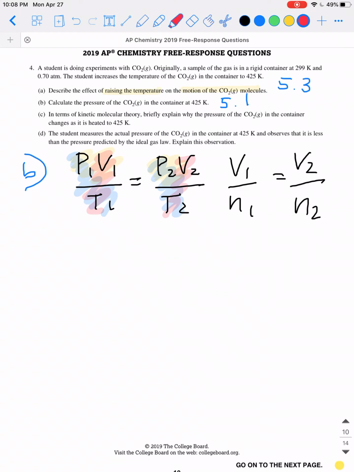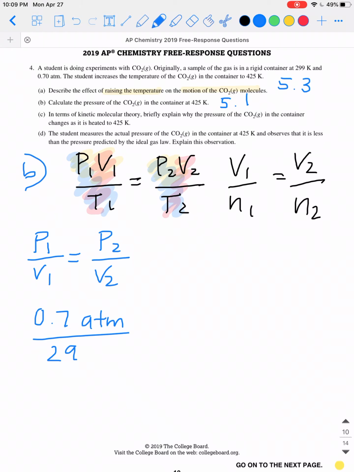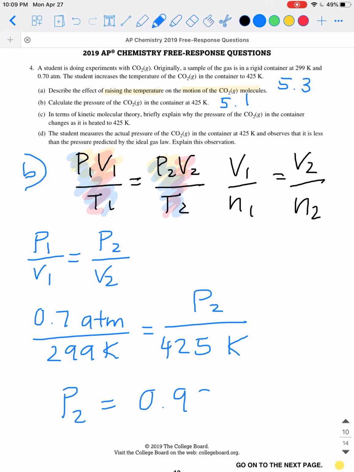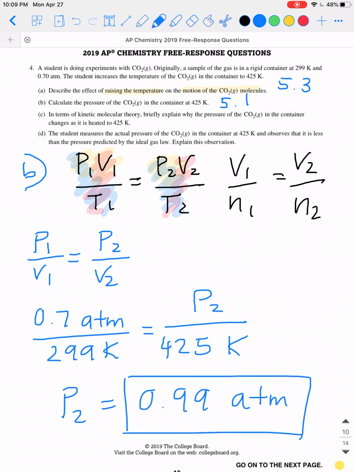But for this question, we really just need Gay-Lussac's law. So if we substitute the values, we have 0.7 atm over 299 Kelvin equals P2 over 425 K. And if we solve for P2, we get 0.99 atm, which is the answer to part B.